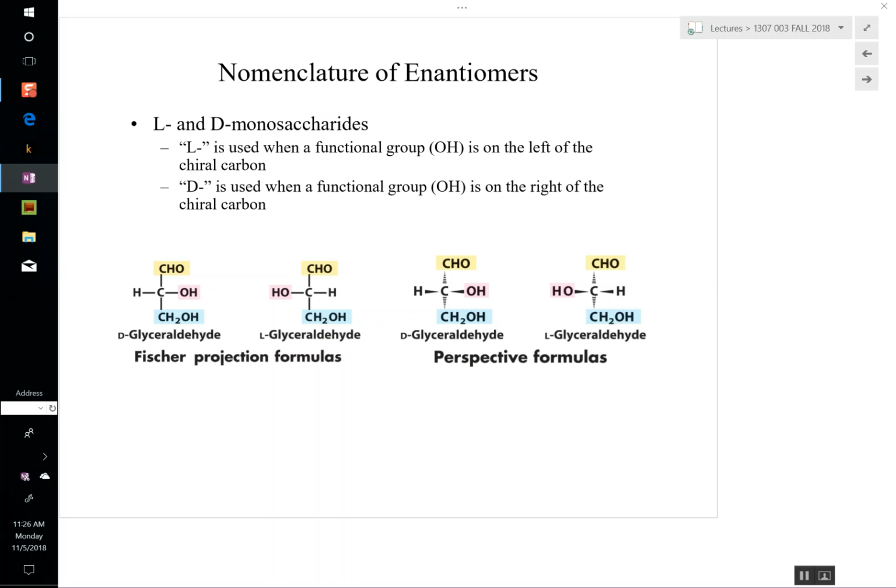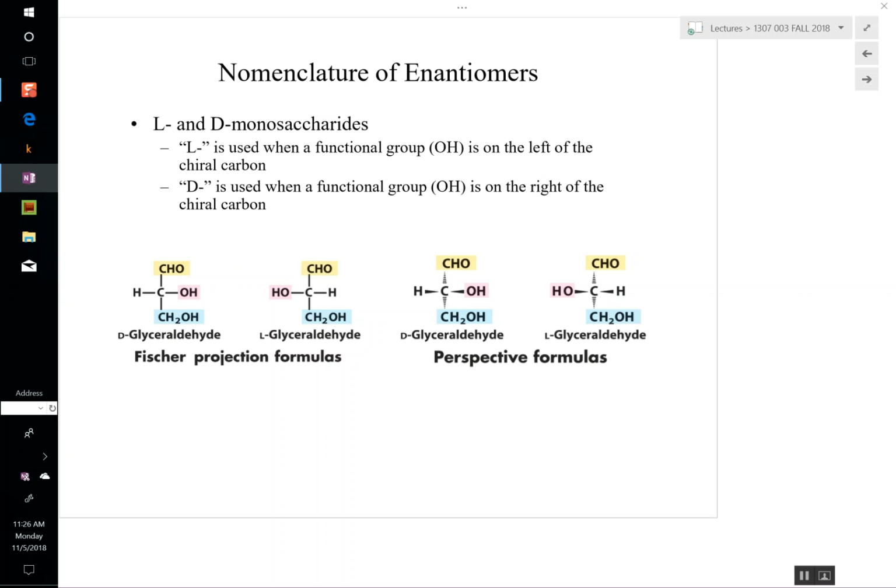It's the open chain of the monosaccharide. It hasn't been cyclized around. Well, this one can't cyclize around. It's only 3 carbons long. But it's the open chain. The carbonyl is always towards the top. If it's an aldose, it's going to be at the top.